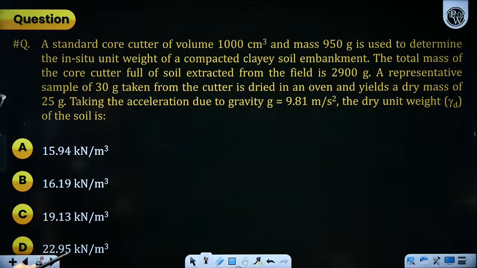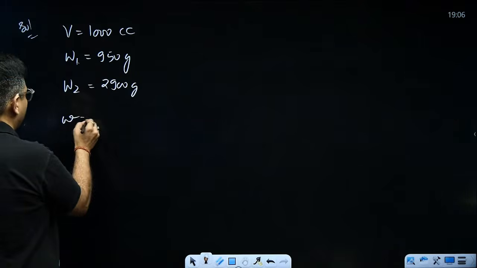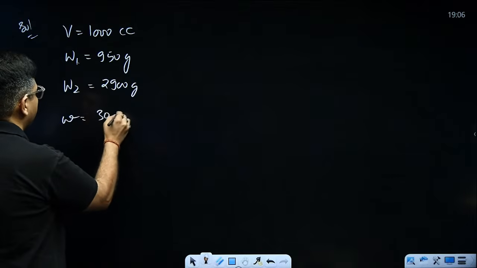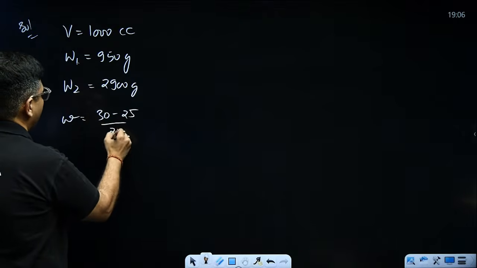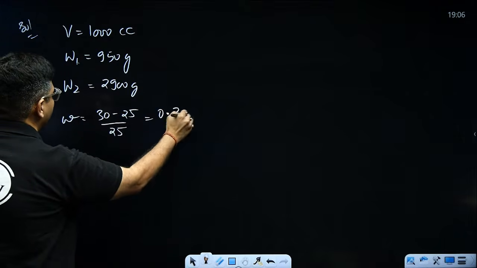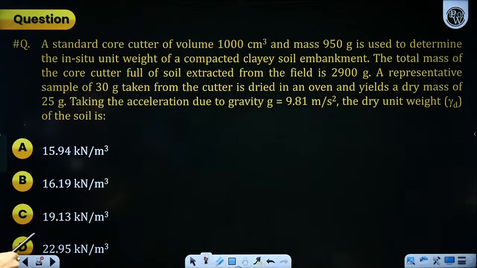This will be used for finding the water content. Water content is simply 30 minus 25 upon 25, that is 0.2. This is the water content we got. The dry unit weight we have to find out.